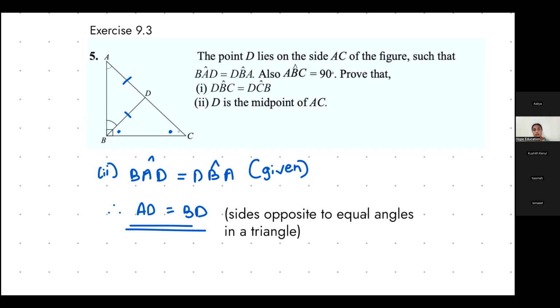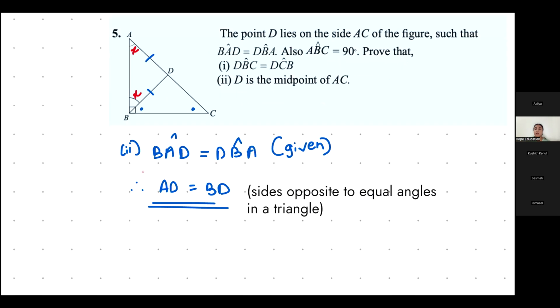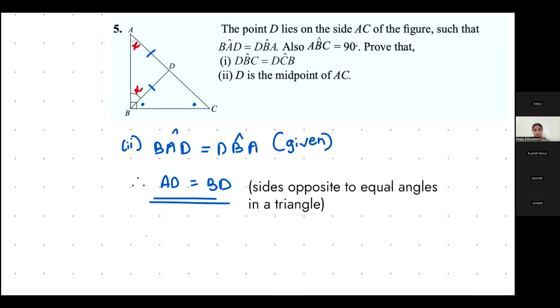With a little shortcut using an algebraic symbol, we can make it a little shorter. So we know that BAD and DBA are equal, so let's say they are x. Whenever I introduce an algebraic symbol, I have to introduce that letter.